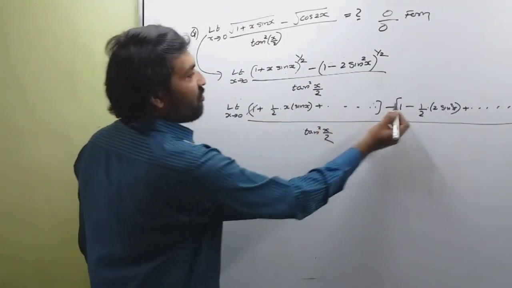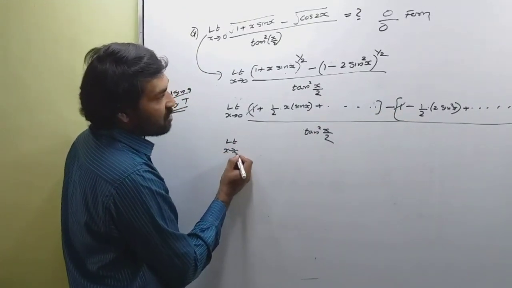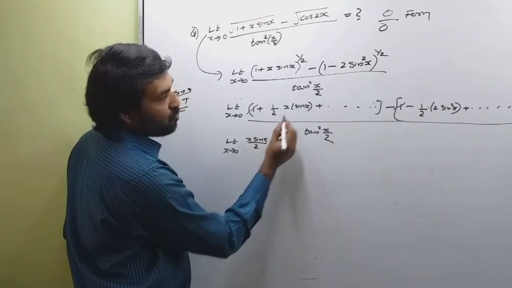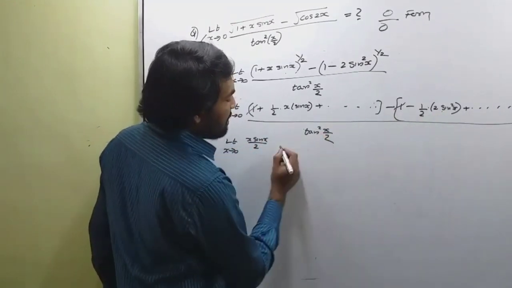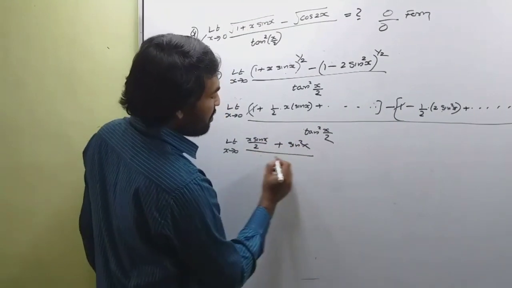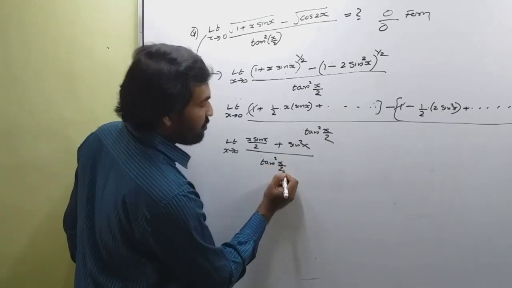Now this 1 and 1 get cancelled. So the remaining terms become limit x tends to 0, (x sin x)/2 plus sin²x, whole divided by tan²(x/2).